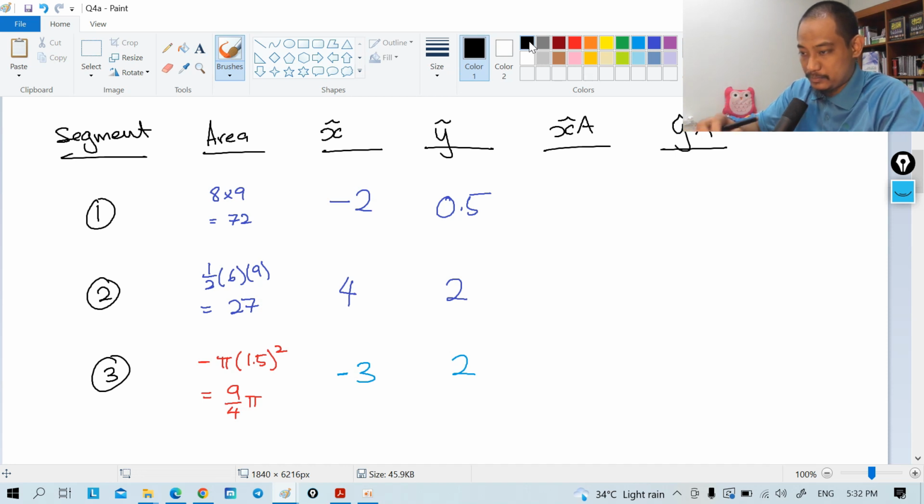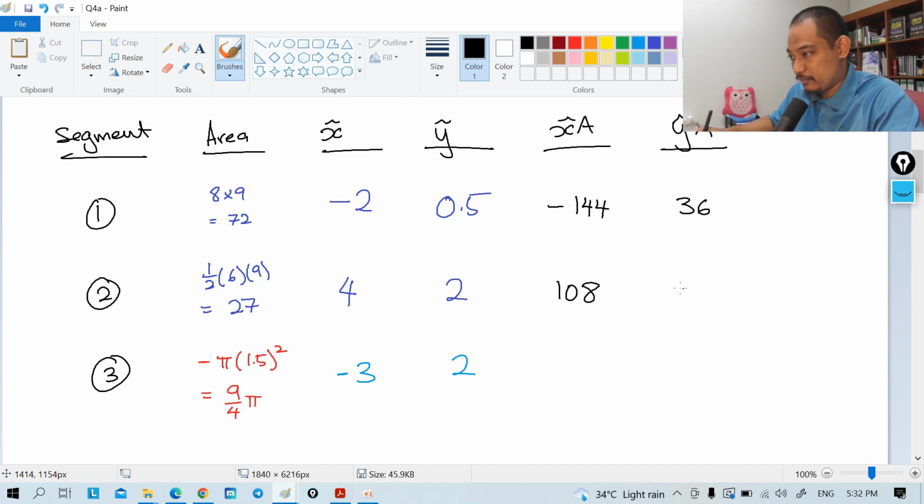So 72 times -2 becomes -144. And then 72 times 0.5 is 36. 27 times 4 equal to 108. 27 times 2 is 54.